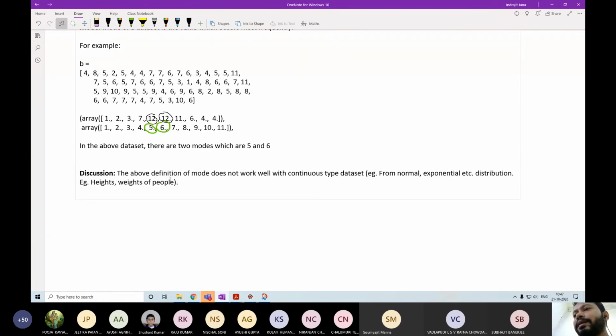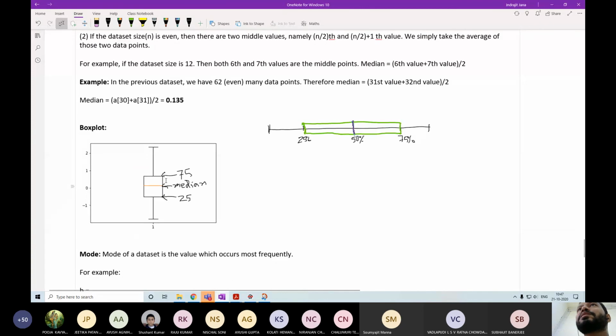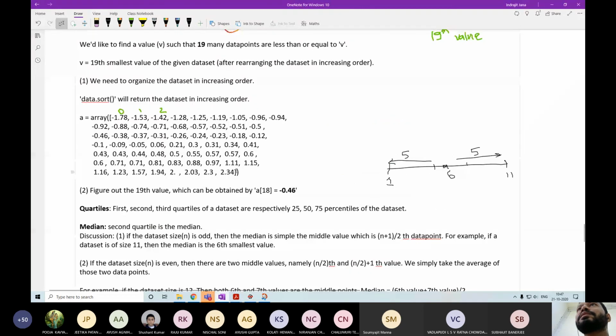So my point is that in those cases each value occurs at most once, I think. Even if you look at this data set, I don't think there is any value which is occurring twice.